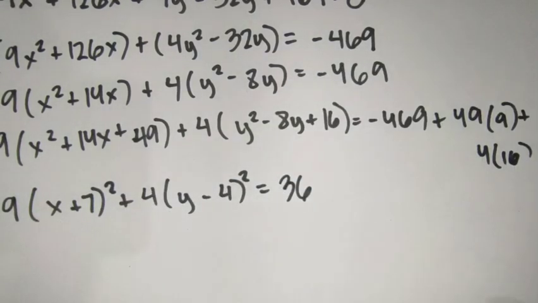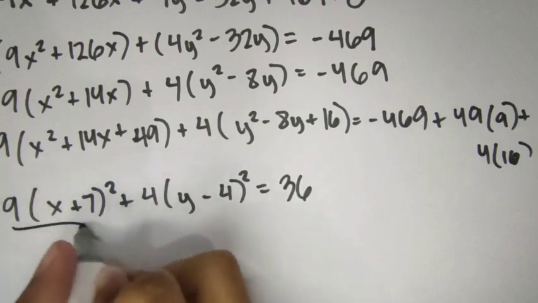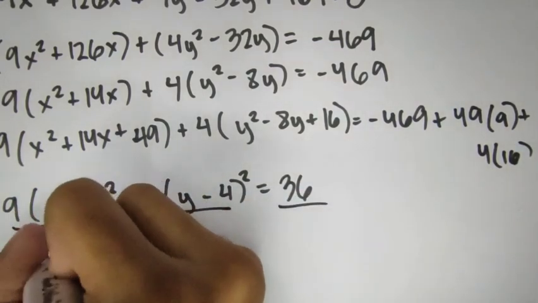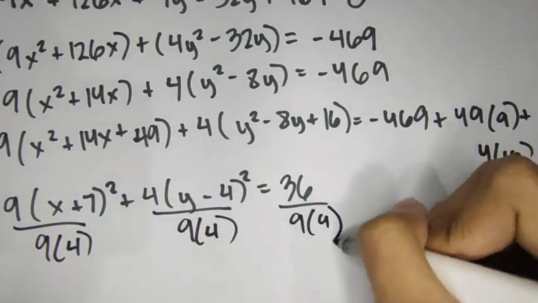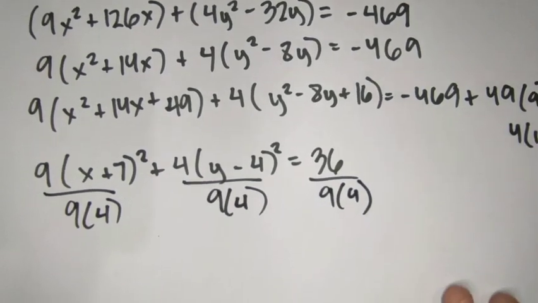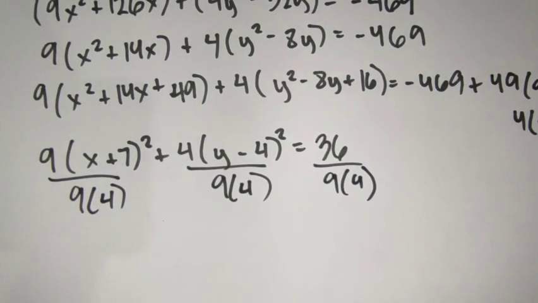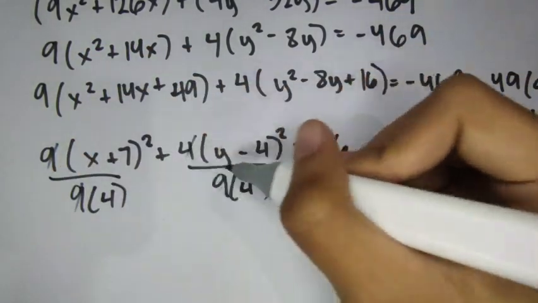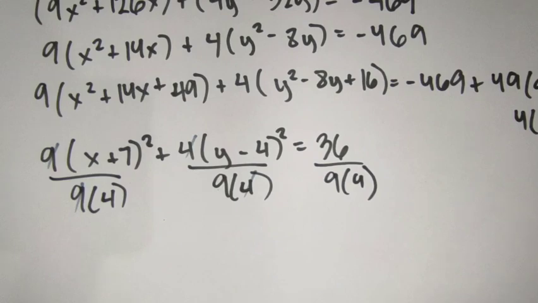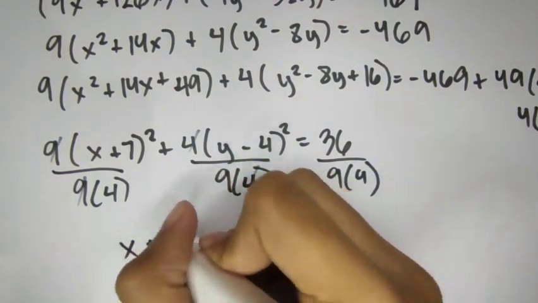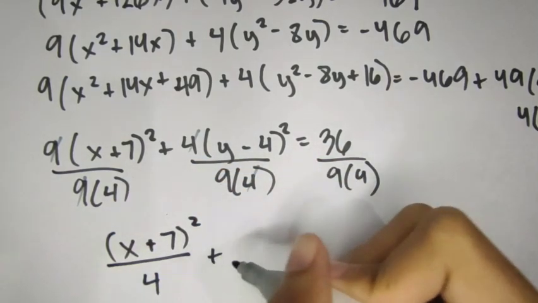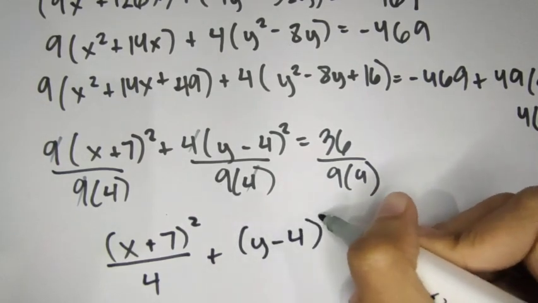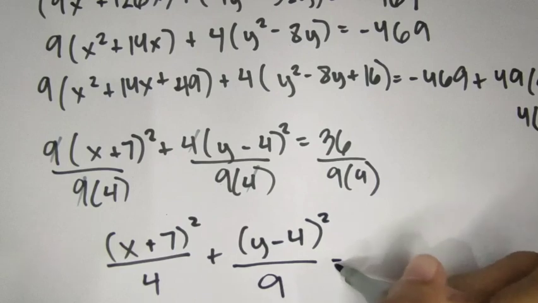So we will divide both sides of the equation by this coefficient of the binomials, the square of binomials, making it so the 9 will just cancel out, the same with 4 and the same with 36 and 9 times 4, since 9 times 4 is equals to 36, making the equation x plus 7 quantity squared over 4 plus y minus 4 quantity squared over 9 equals to 1.